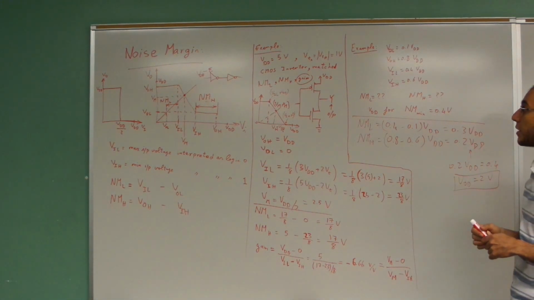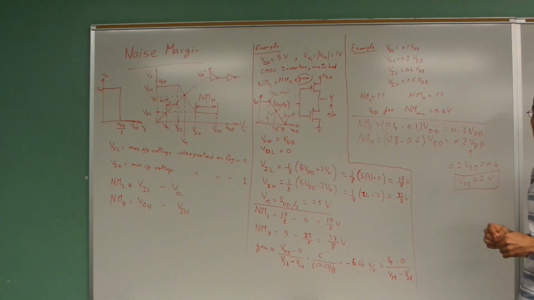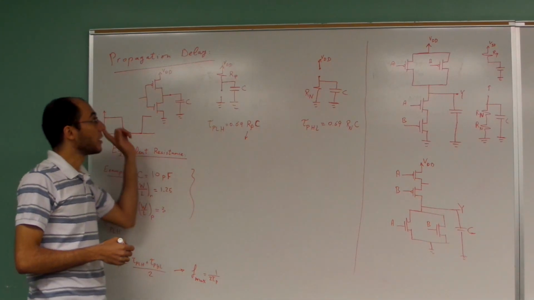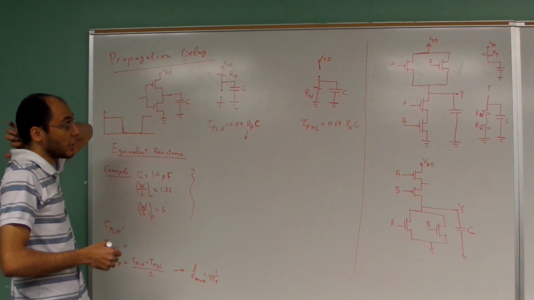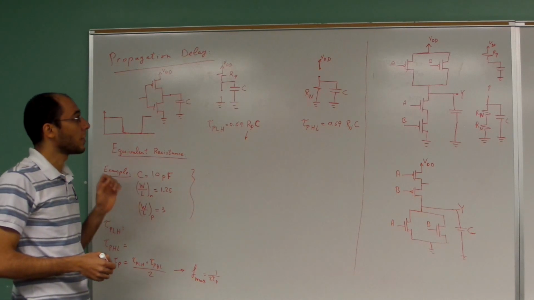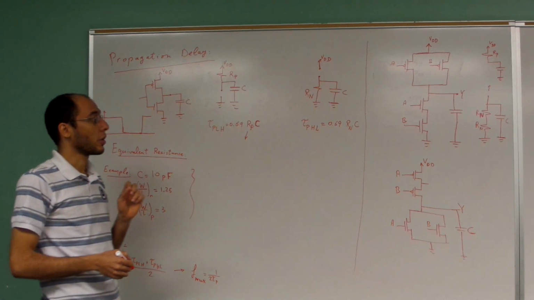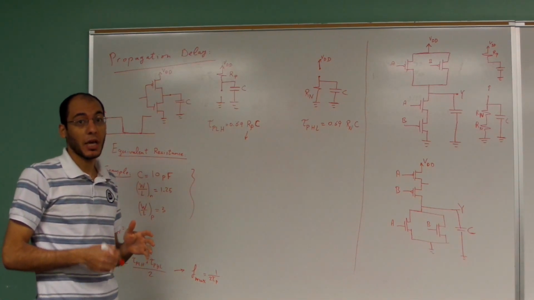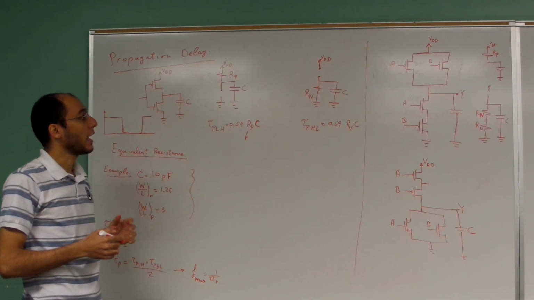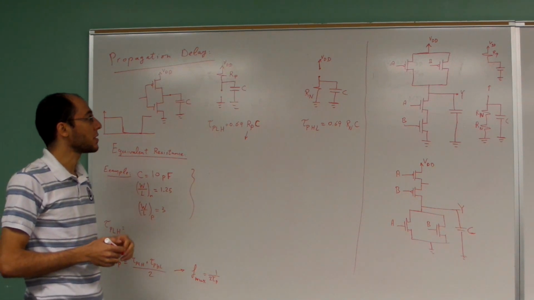Let's move on to the propagation delay. What is the definition of propagation delay? The propagation delay is defined as the time needed for the output voltage to show up at the output of the gate as a result of applying the input voltage.